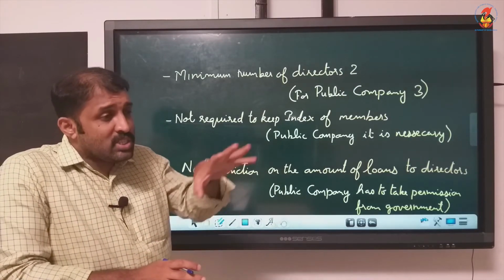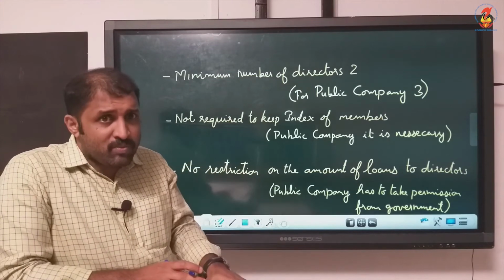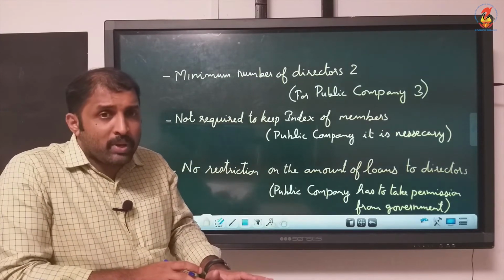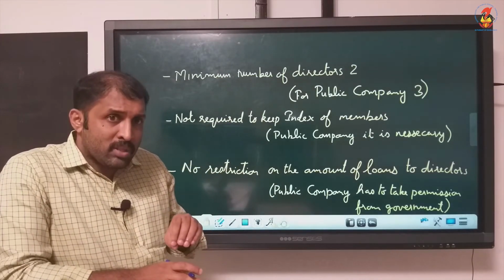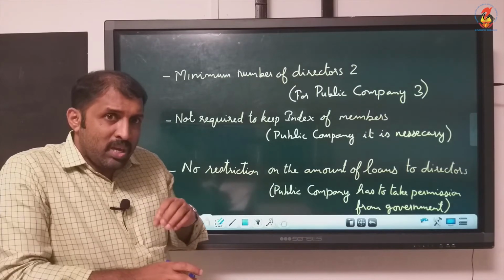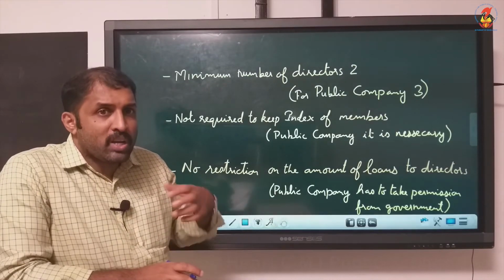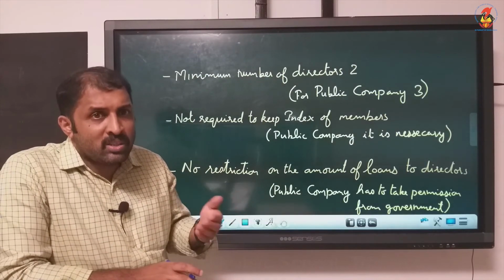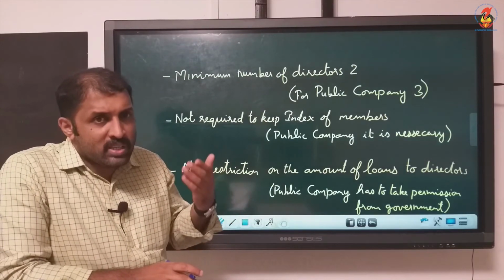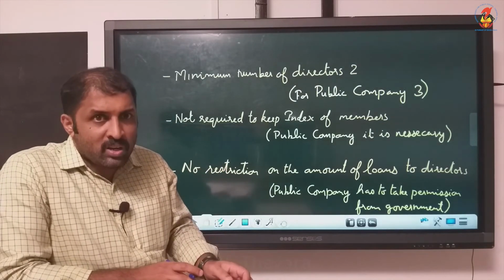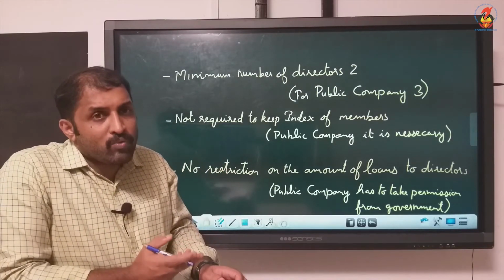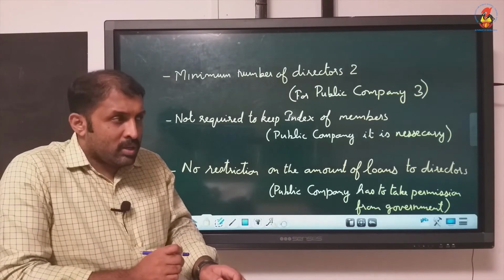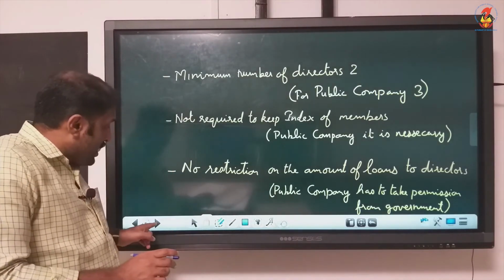These are the benefits of a private company, the reasons which make people choose a private company over a public company, some additional benefits when we are going for a private company. Now, what is a public company?